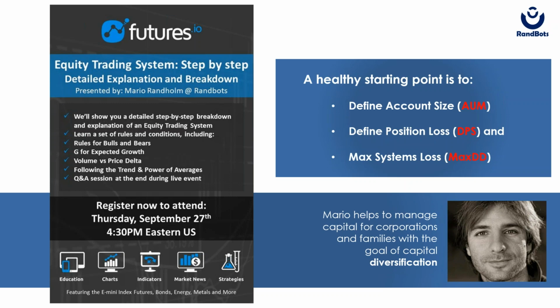We're going to talk a little bit about expected growth and the importance of that G for equity valuation. We're going to review an example with volume, another with price delta. And then to conclude, I'm going to give you an example of a very basic trading system that uses what I call the power of moving averages, which is the theorem of large numbers.